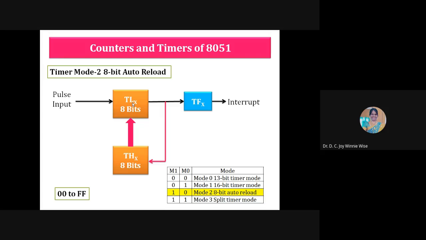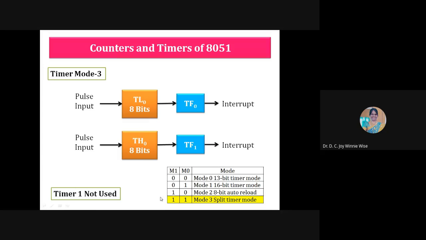Here the maximum value is FF, that is 256 can be loaded here. Next coming to mode 3: timer 1 is not used for this mode, only timer 0 is used. I have written here TL0 and TH0, which are used separately. If an application needs only 8-bit data, we can go for timer mode 3.